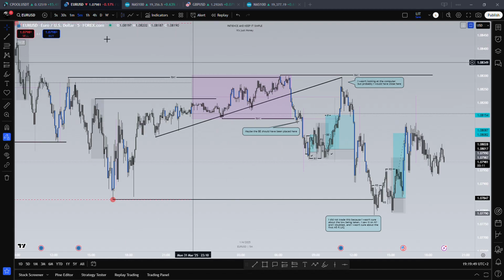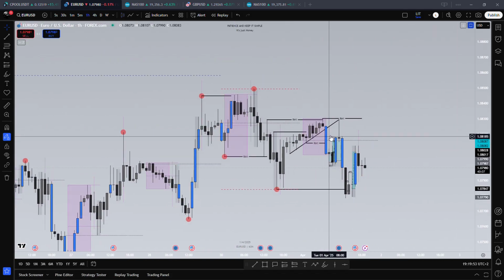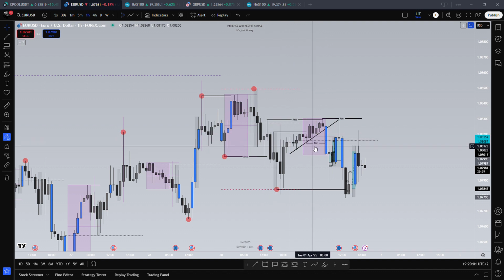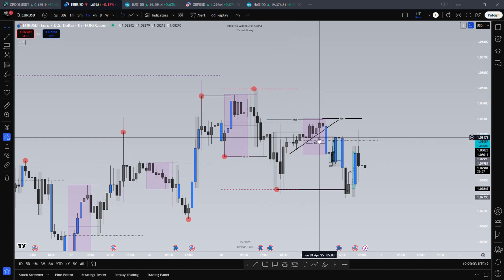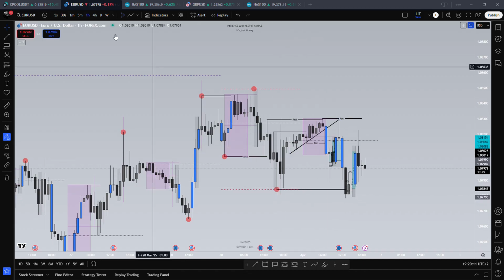And then we took this high, we took the relevant liquidity on H1. This was maybe relevant liquidity, but I wanted to put this one because it was the one that broke this point here. So, well, both are relevant liquidity, maybe because we had other uptrend. The relevant liquidity was here, but I don't care.